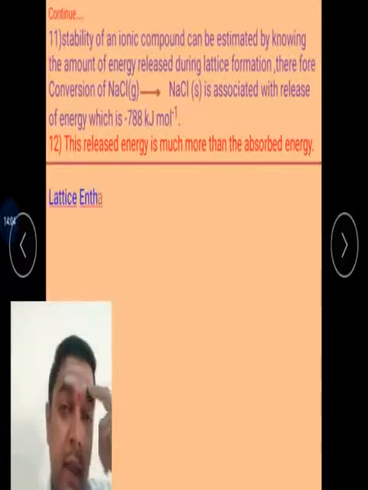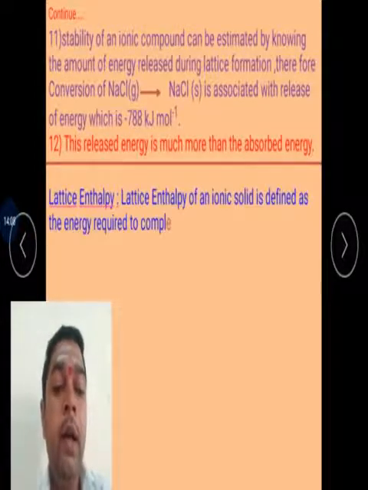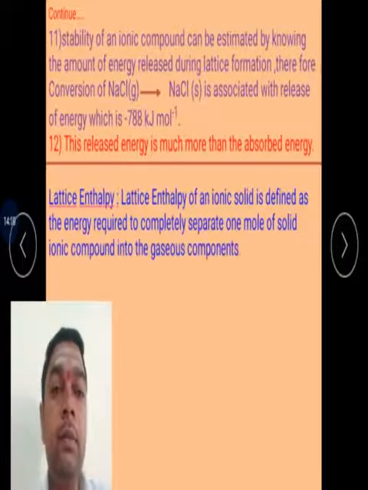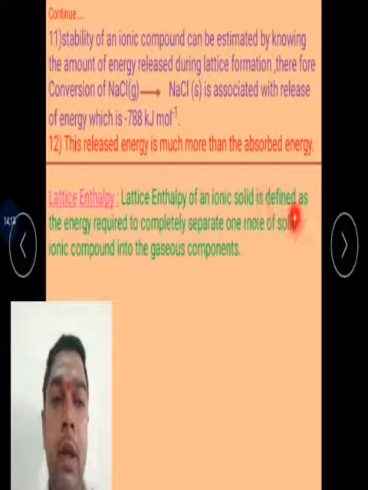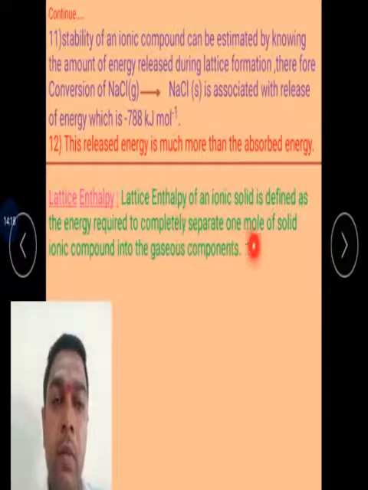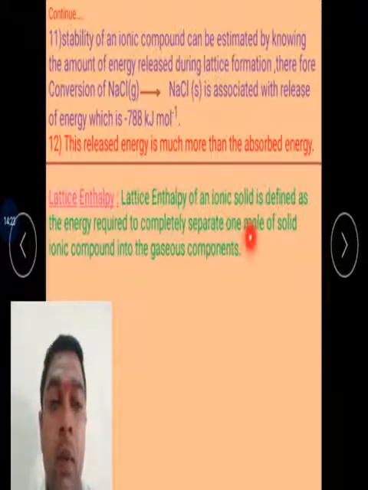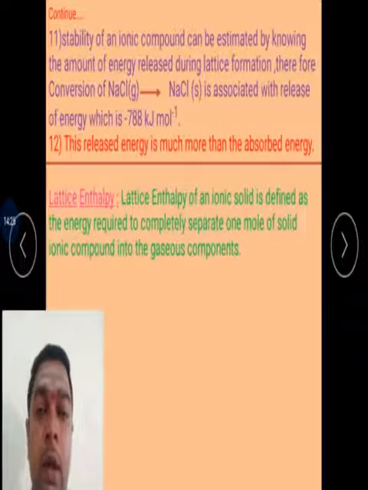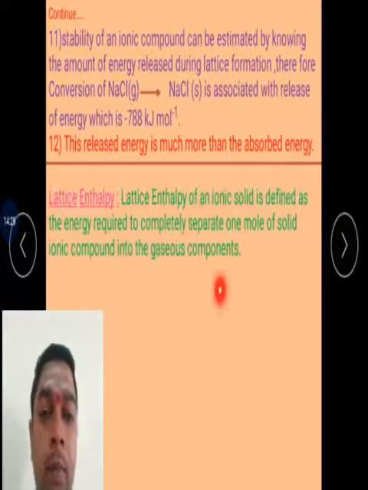The next point is the lattice enthalpy. The lattice enthalpy of an ionic solid is defined as the energy required to completely separate 1 mole of the solid ionic compound into its gaseous ions.